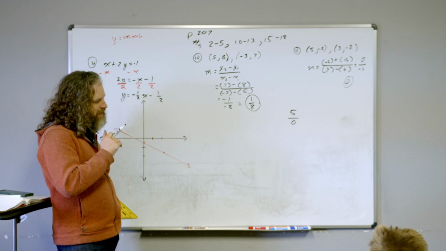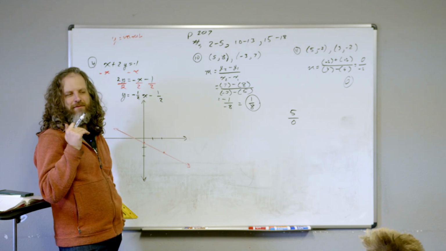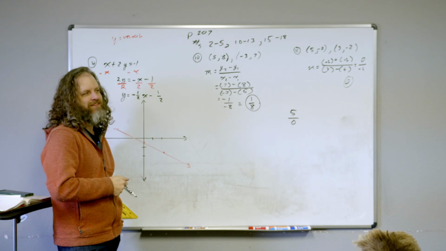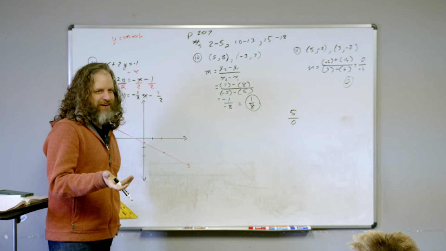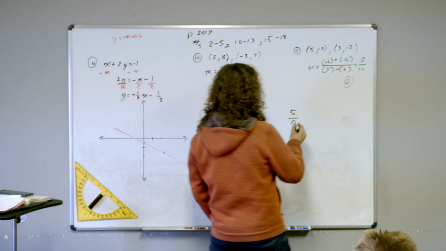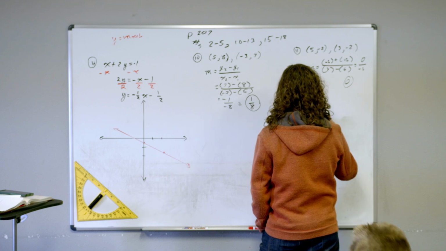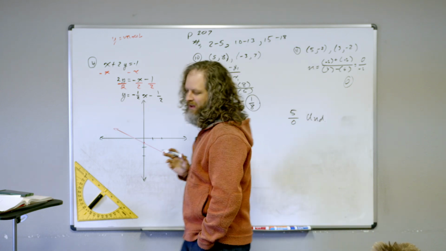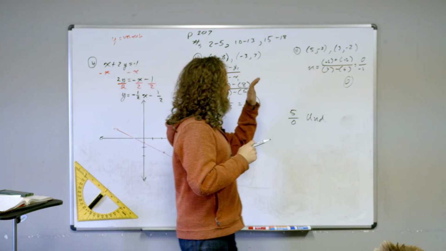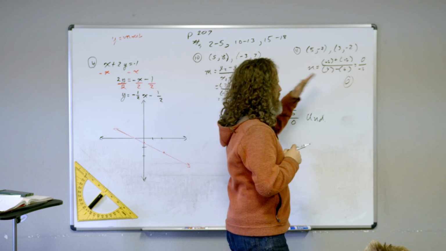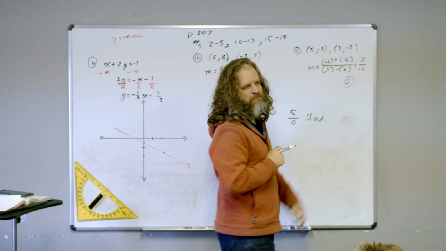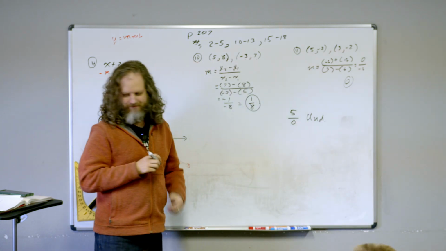Once everybody's got a chance to see what happens, what happens? Error. This is undefined. You cannot divide by 0. That one doesn't have a good slope. This one is a vertical line. This one would be a horizontal line, right?